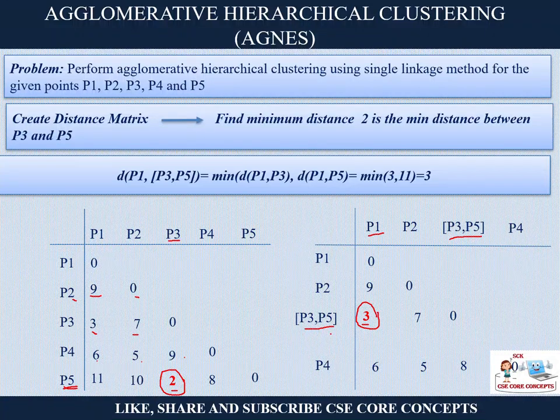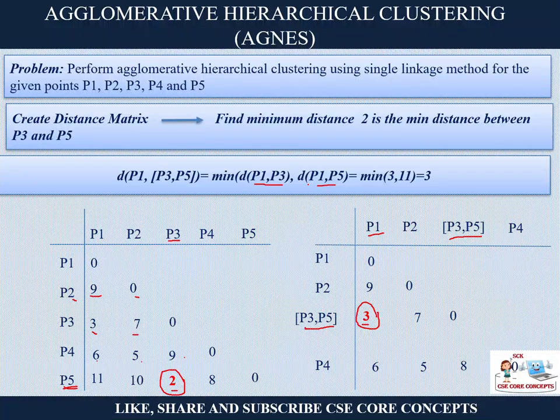Since P3 and P5 is a group, you have to find the individual distances and then find the minimum value. Individual distance means the distance between P1 and P3, and the distance between P1 and P5, since P3 and P5 is one cluster.